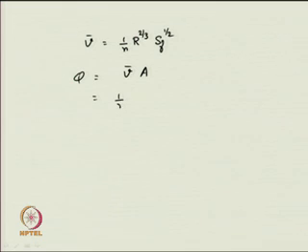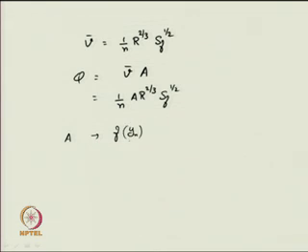So, this is nothing but 1 by n A R to the power of 2 by 3 S f to the power of half. A is some function of your normal depth y n. Similarly, R is also some function of your normal depth y n. So, please note that the f and g represented here are just suggesting function of; they are not related to gravity terms, please note that.